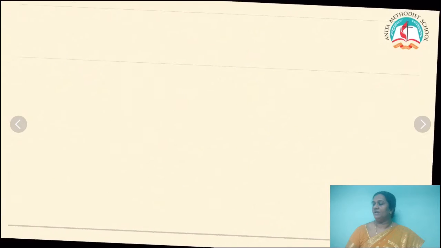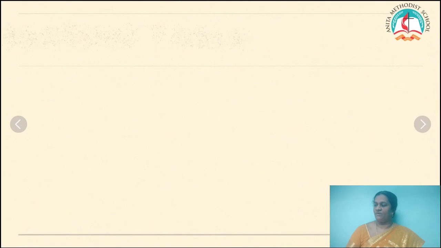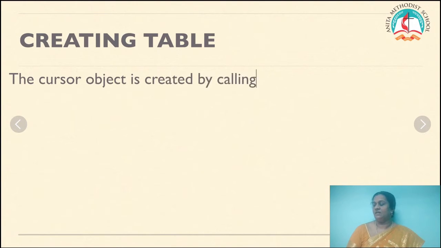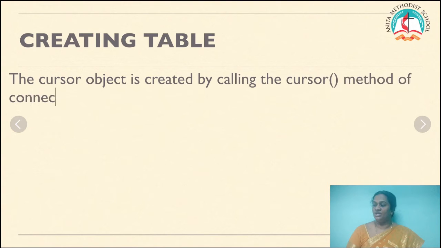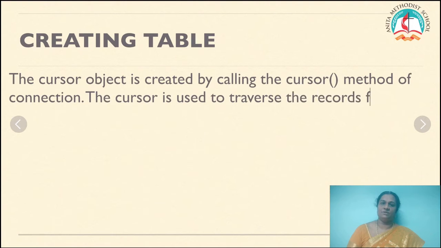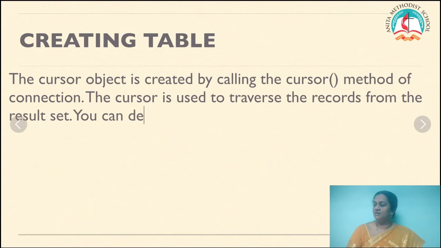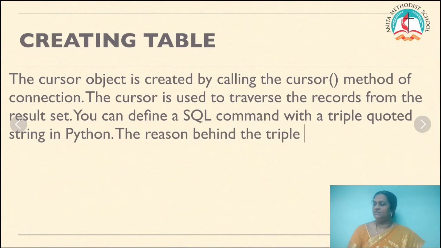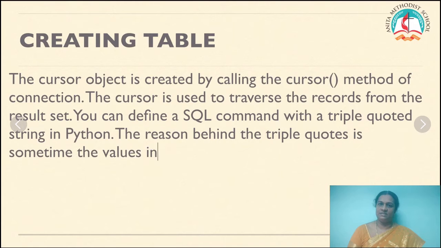Now next to creation of table, we are going to see how to write a program for creating a table. The cursor object is created by calling the cursor method, as we saw with connection. The cursor is used to traverse the records from the result set, so it is pulling them out of the result set.